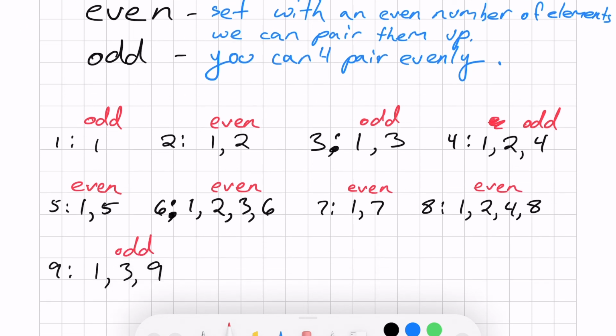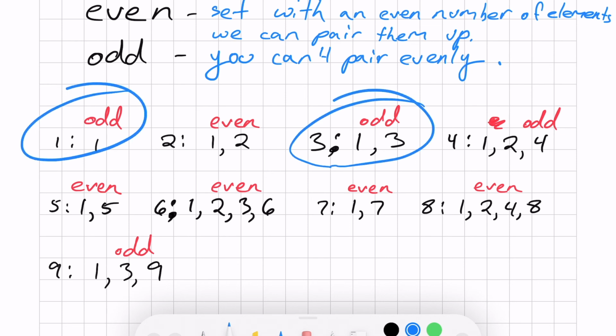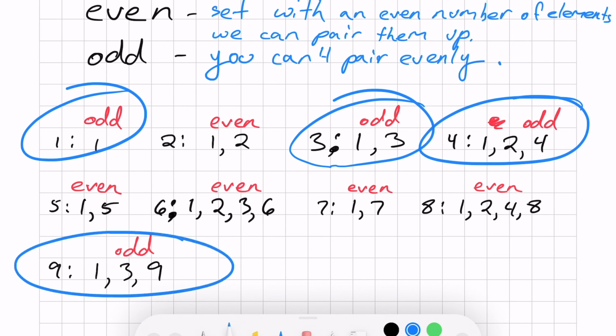Okay, now let's look at all of the odd numbers here. Oops, this one's wrong. That's even. See, I don't have you guys here to correct me.